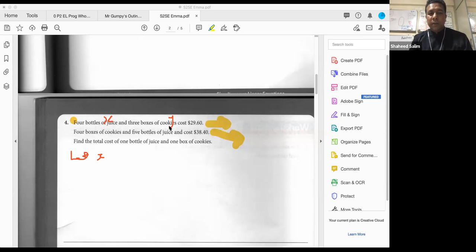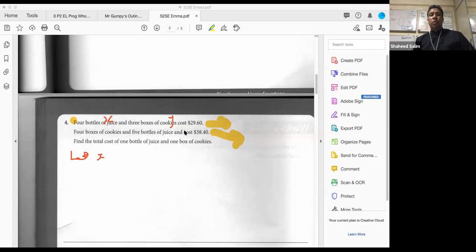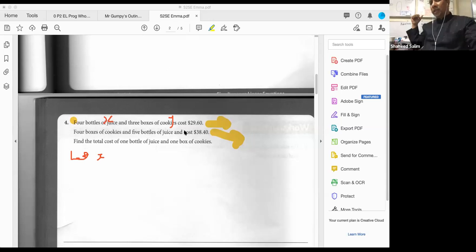Okay, that's equation 1. Equation 2: 4y plus 5x equals 3840. So what you have done now is converted a word problem into equations you are supposed to solve, and therefore you can solve it.